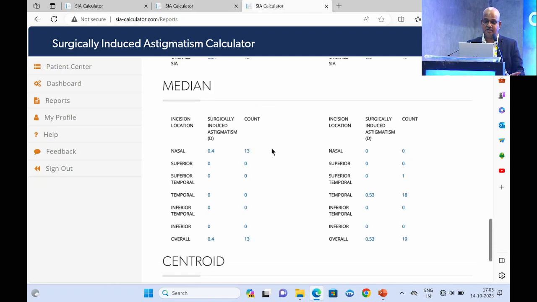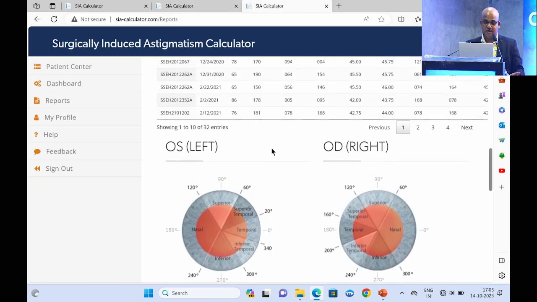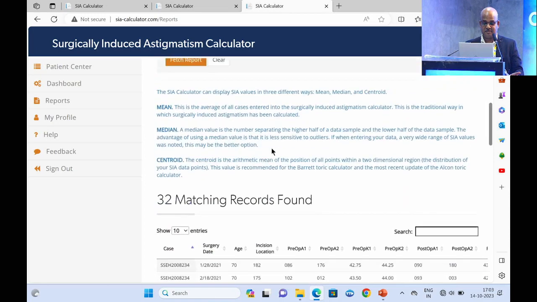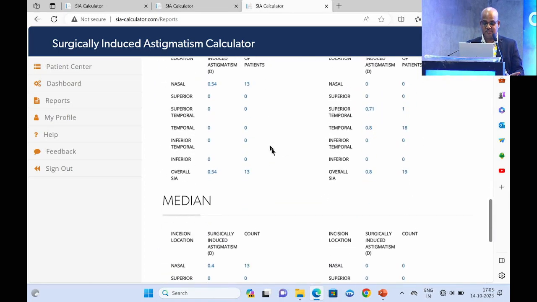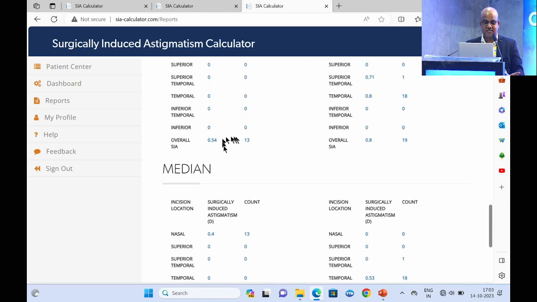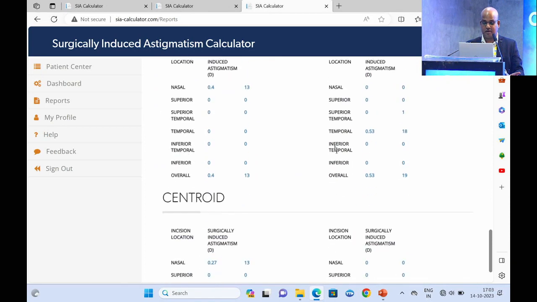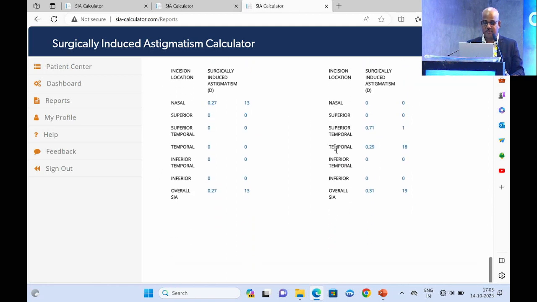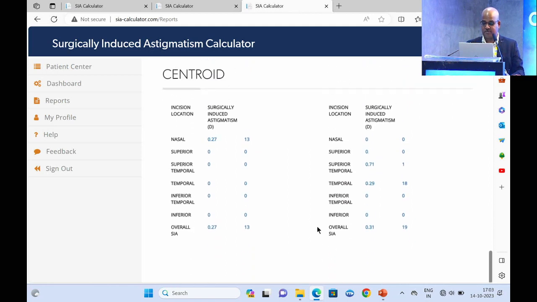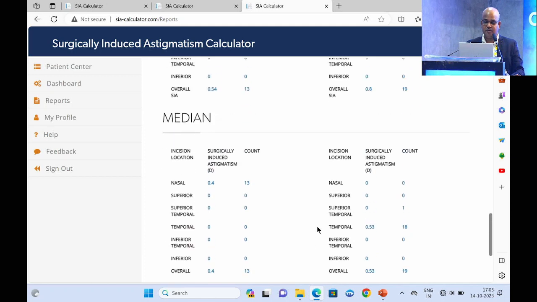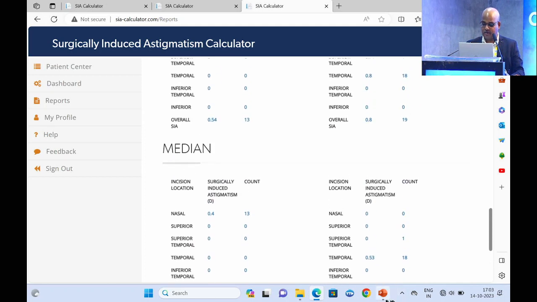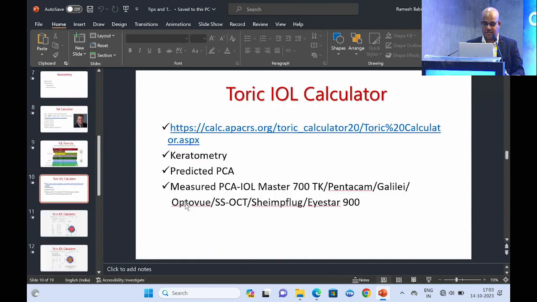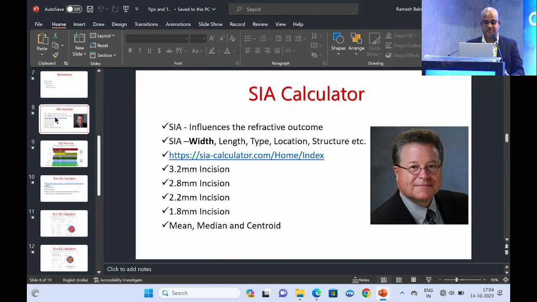Whereas coming to the 2.2 incision, there are 32 matching records, and I am getting more astigmatism when compared with 2.8. Only small incisions work better in very soft cataracts. Otherwise, you will get more astigmatism when compared with 2.8. You need to remember this while calculating SIA and planning for cataract surgery.